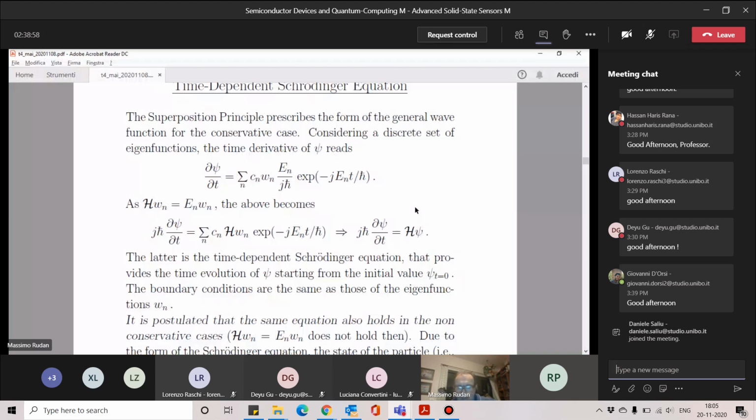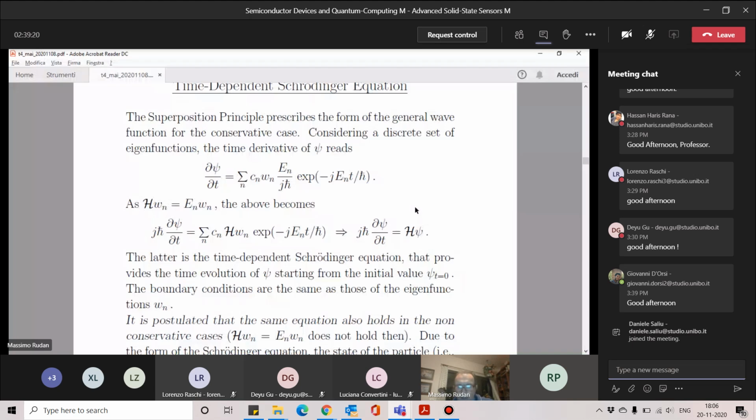We introduce another postulate. And the other postulate is that the Schrödinger equation depending on time, the one that is visible in this page, and that was derived from the conservative case, is more general.